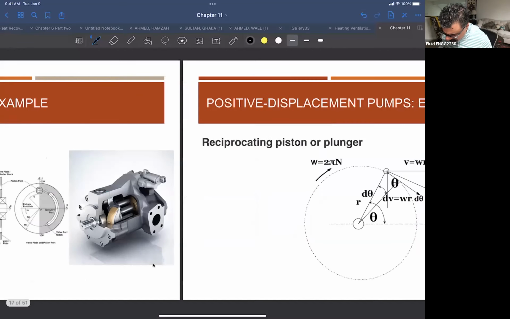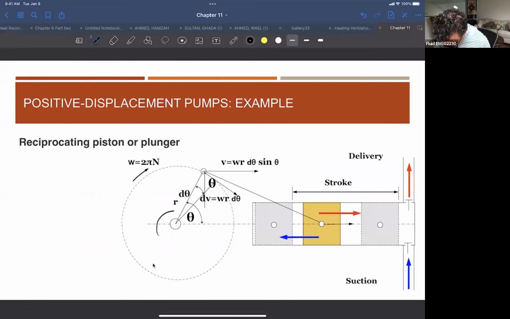Like for example, in this side here, let me just do that with red here. This connecting rod here is rotating. Okay, so every point on this connecting rod will have a velocity that is, if you can see here, for a certain angle dθ, the velocity will be ω r dθ, right?